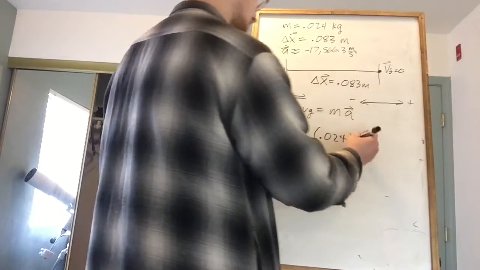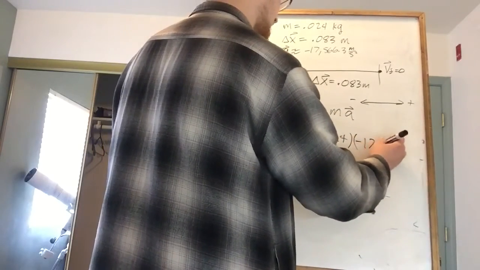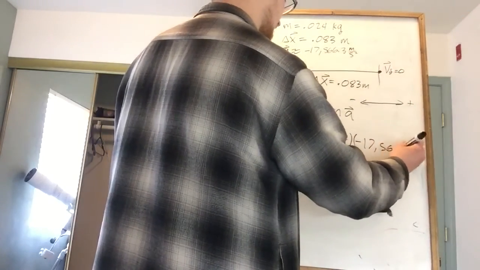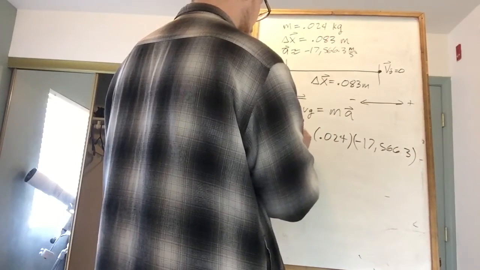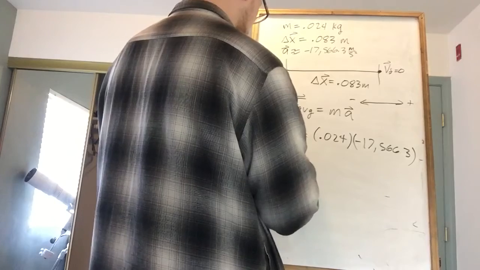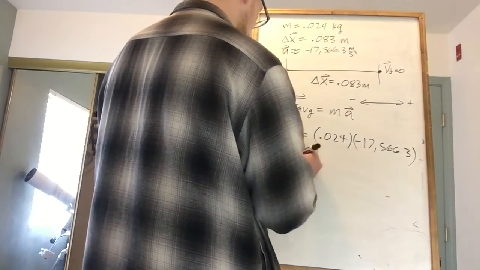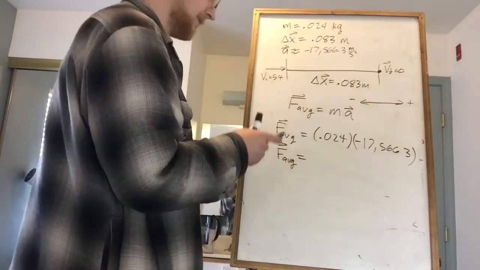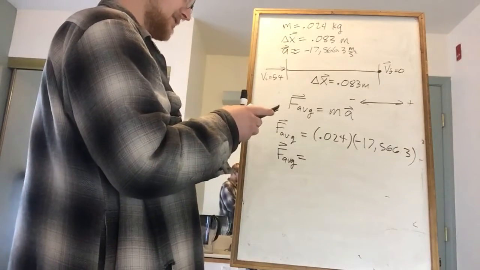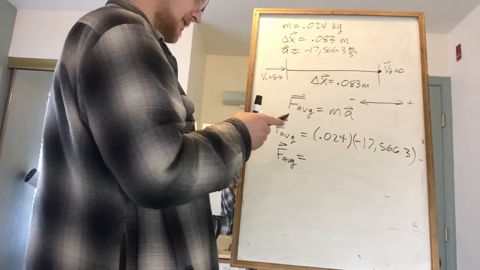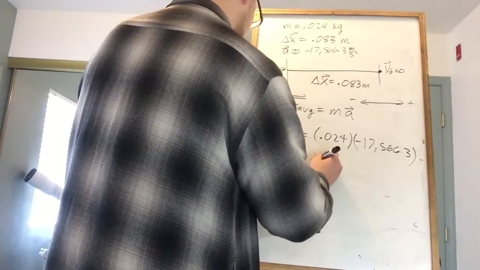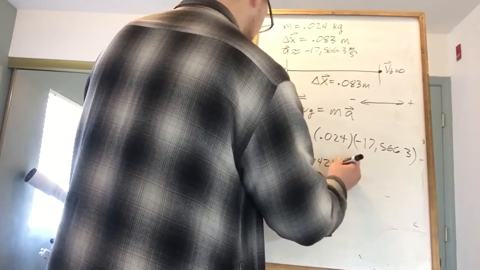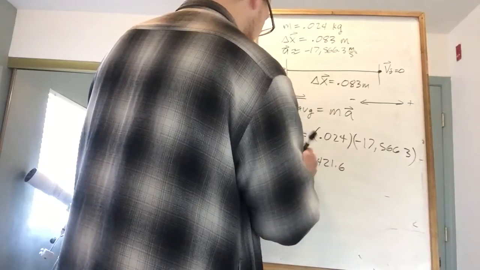We know our acceleration is negative 17,566.3, and that's going to give us our F average, which is what we're looking for. So we go ahead and plug it in. 17,566.3 times 0.024. This yields a negative 421.6 newtons.